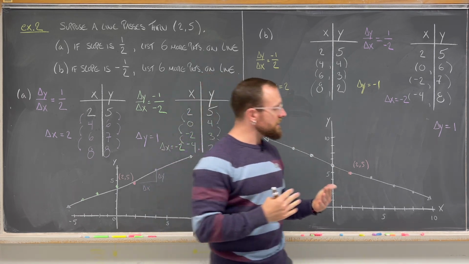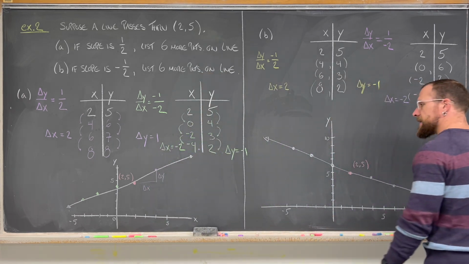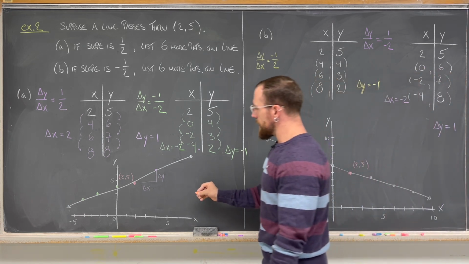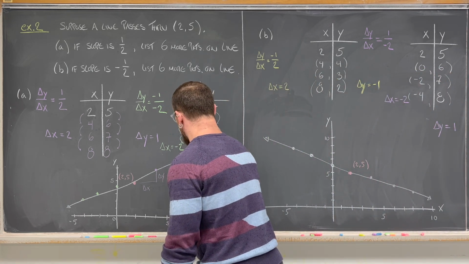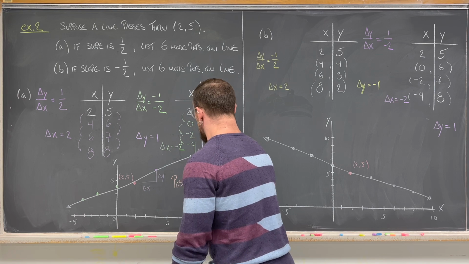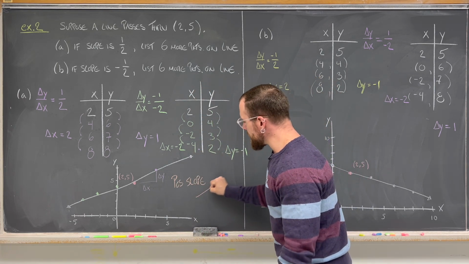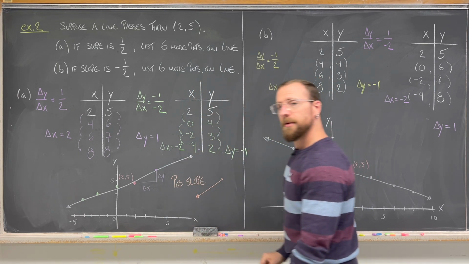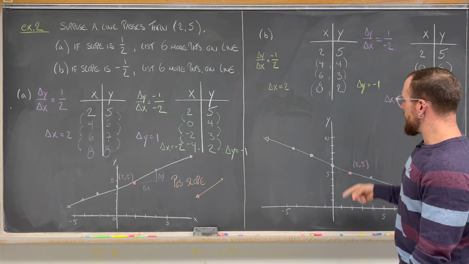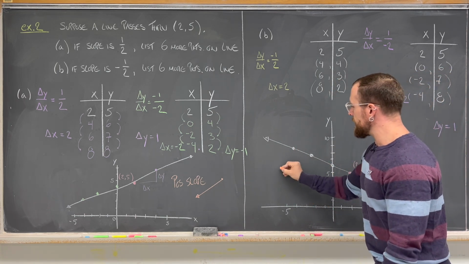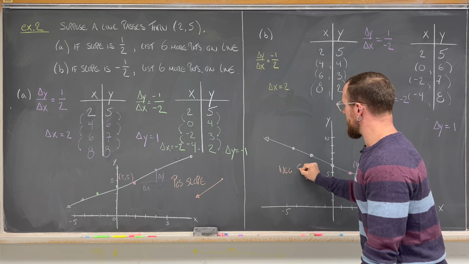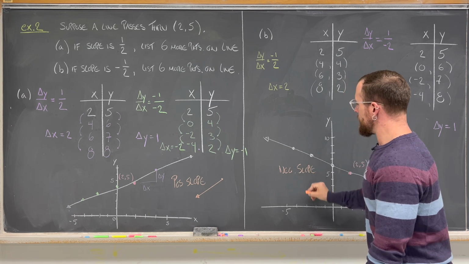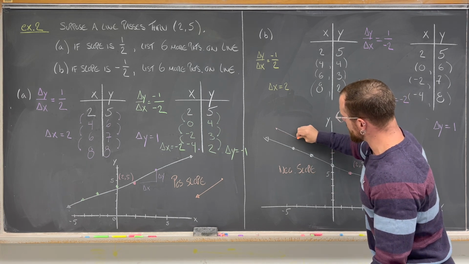maybe we can see that there is a difference between lines with positive slope and negative slope. Lines with positive slope move up and to the right, down and to the left. Lines with negative slope behave differently. Negative slope lines move up and to the left, down and to the right.